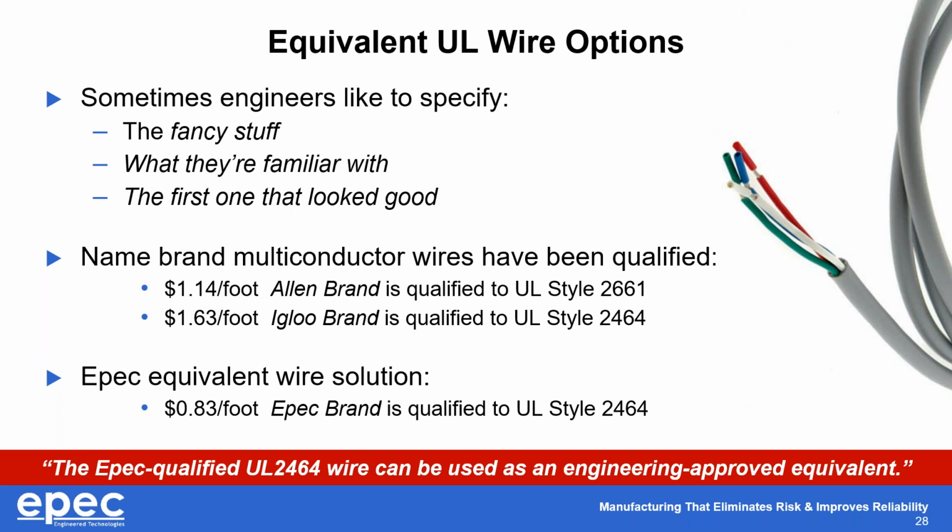The benefit here is that Epec didn't need to do anything to requalify this wire. Our customers already had an approval to UL 2464 on their drawing, which means that we can quickly get samples built, shipped, and get the solution qualified and help our customer get their parts out the door.